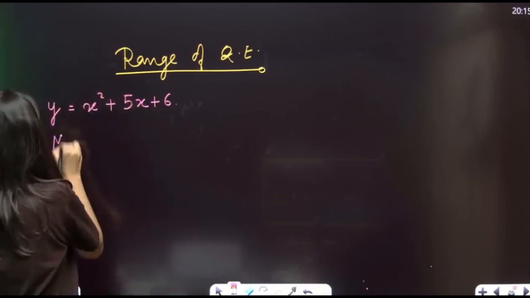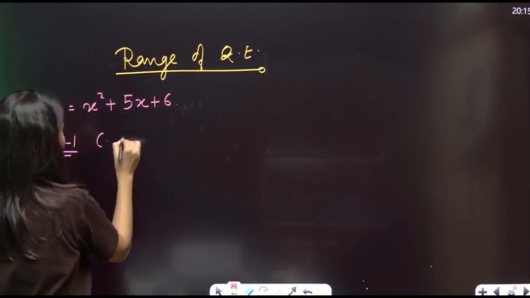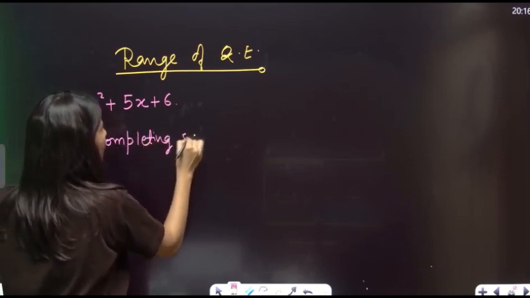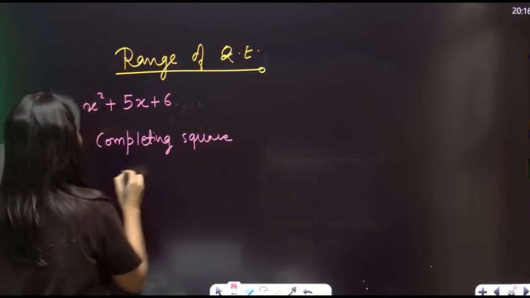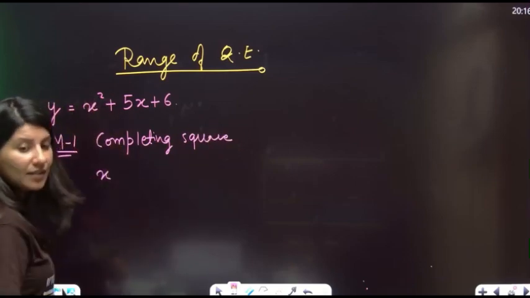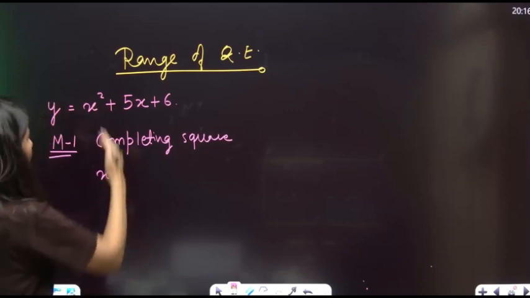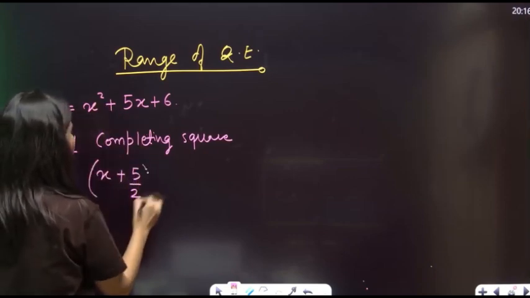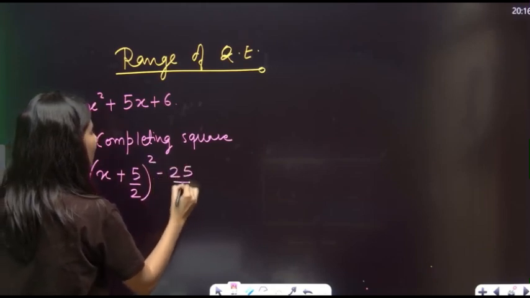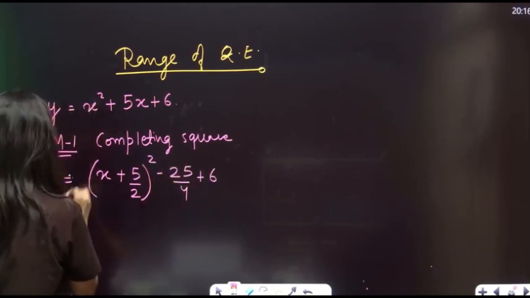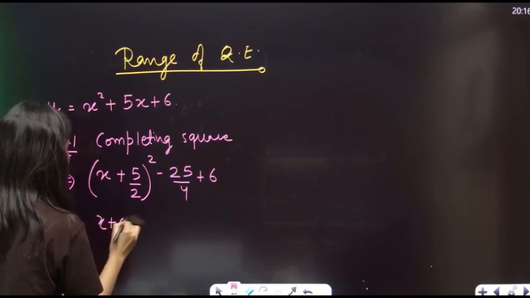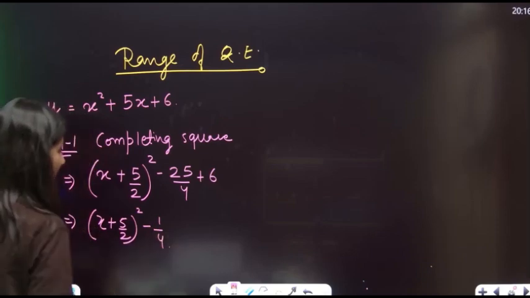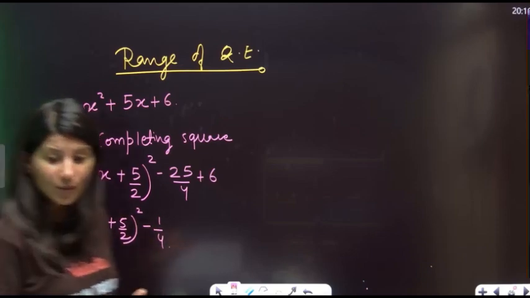Method number 1 is completing the square. Remember? So x square will be written down as x, plus sign will be copied, 5 will become half, whole square, minus 25 by 4 plus 6. Then x plus 5 by 2 whole square minus 1 by 4. Now range you are looking for.